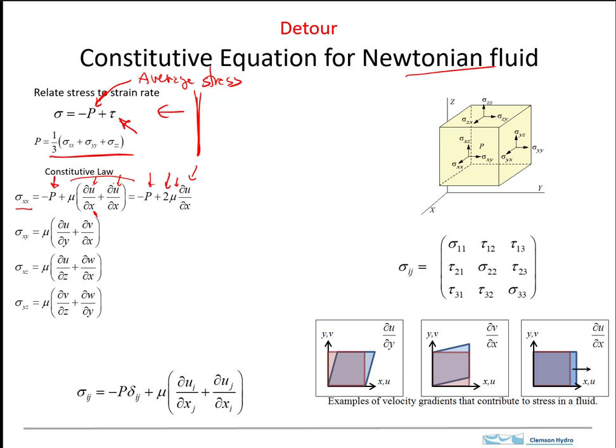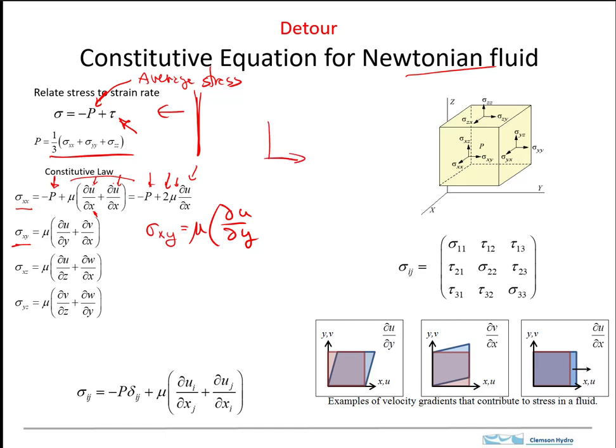We're going to set it up in this form because the shear stress is also defined in terms of velocity gradients. So sigma xy is going to be equal to this proportionality, the dynamic viscosity, and then du dy.